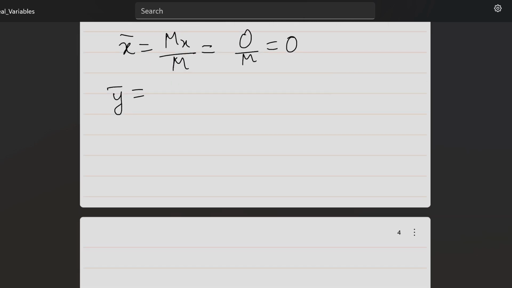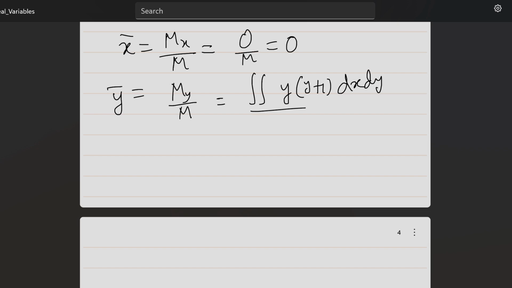Y bar is My by M. So it is the integral of y into y plus 1, dx dy, divided by the integral of y plus 1, dx dy.